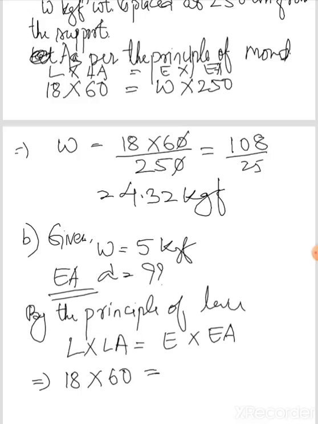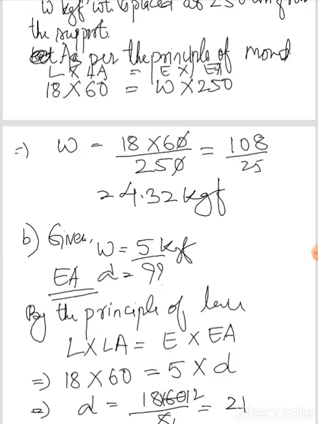Here the effort is given as 5, into the effort arm we do not know, that I will write as D. I'll get D as the subject here, so I'll get 18 into 60 divided by 5, 5 ones are 5, 5 twelves are 60, 18 into 12 will give me 216 centimeters.